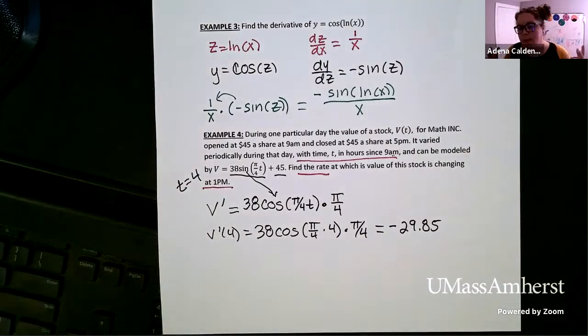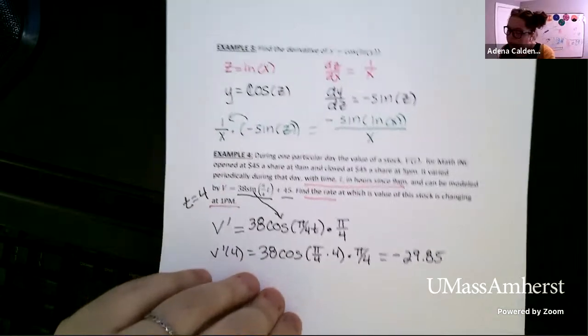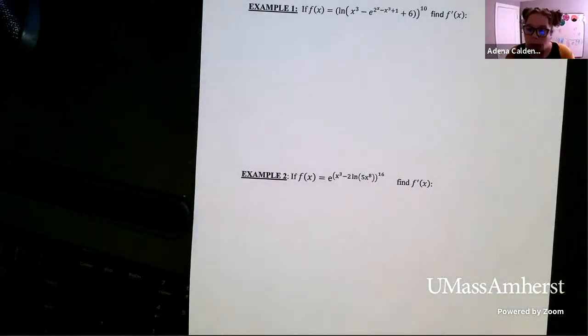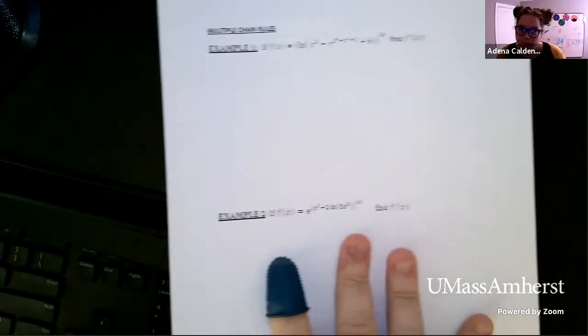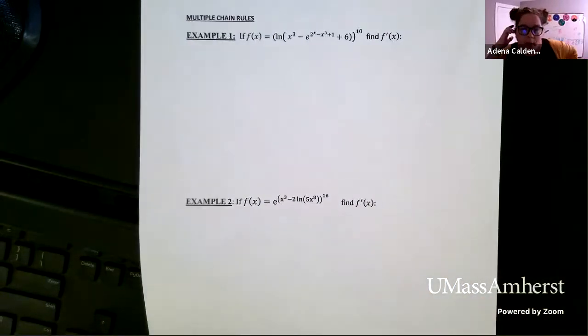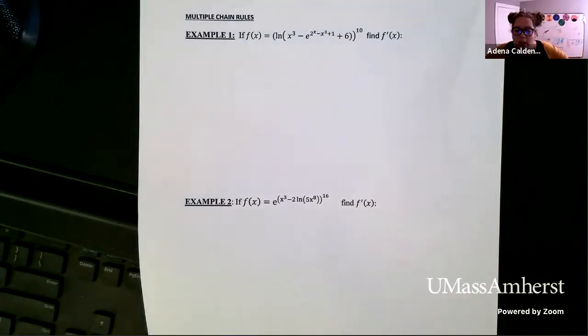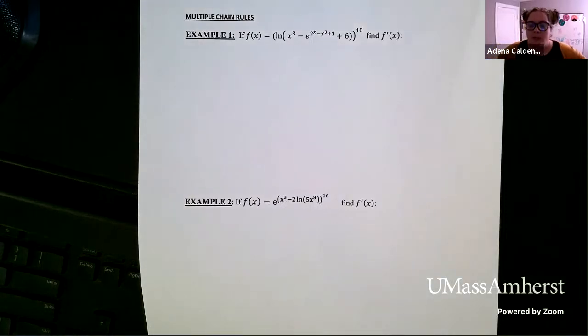So the last piece to sort of bring it all together is what happens if you have more than one chain rule in a problem, okay? So there are times that you will have multiple chain rules, and it's not a lot of the time, but we have to be really, really organized and really, really careful about how we approach these.